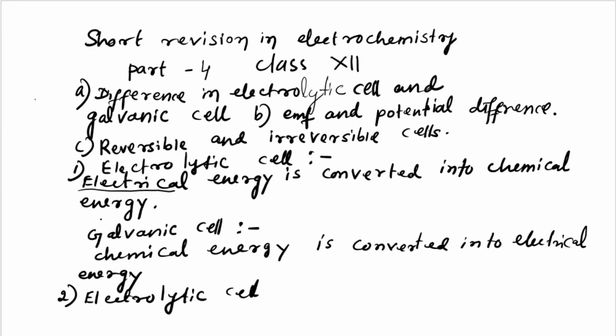It is just opposite: chemical energy is converted to electrical energy. This is the first point: in electrolytic cell, electrical energy is converted to chemical energy, and in galvanic cell, chemical energy is converted into electrical energy.